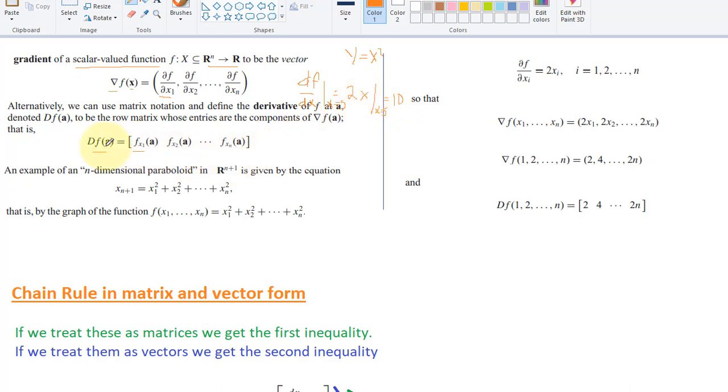This is like evaluated when x equals 5, but this is not just a single scalar. This is a whole vector, so evaluate it at a particular vector. And that means we take the partial derivative, but we put a into it, just like we put 5 into here. And we put a into here, and all of them. So that's what this means.